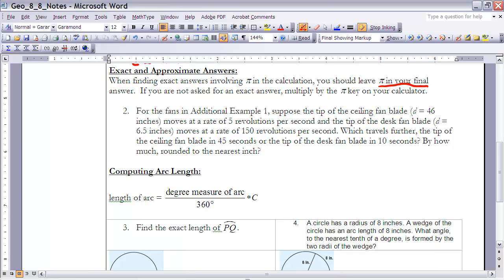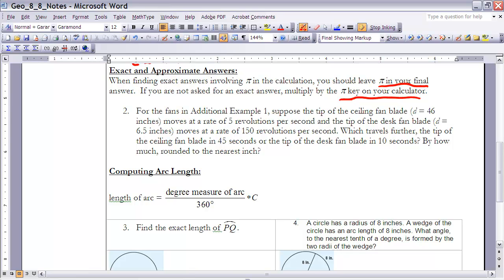If you are not finding an exact answer, make sure that you multiply by pi with the pi key on your calculator. Generally, it's best to leave an exact answer if we're talking about something that's theoretical, not a real-world problem.